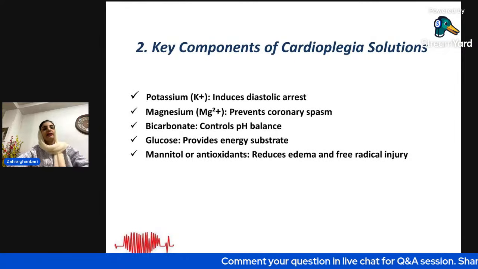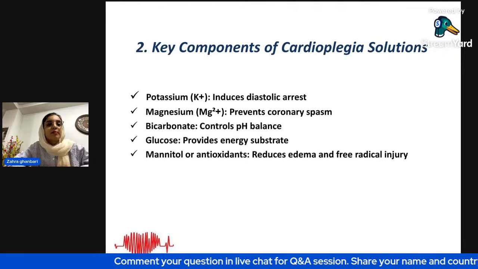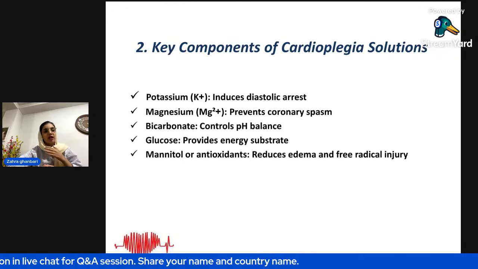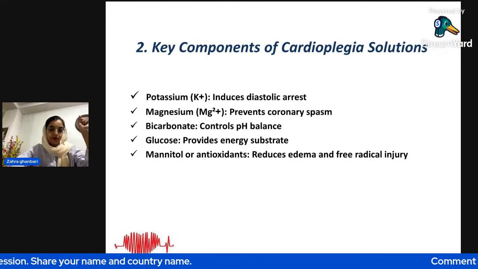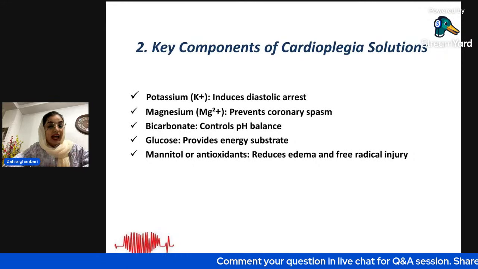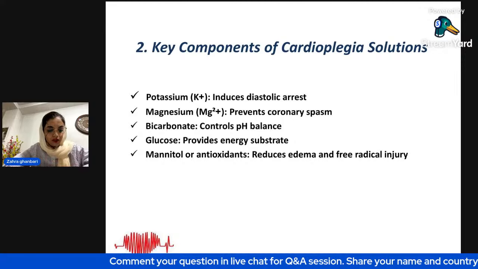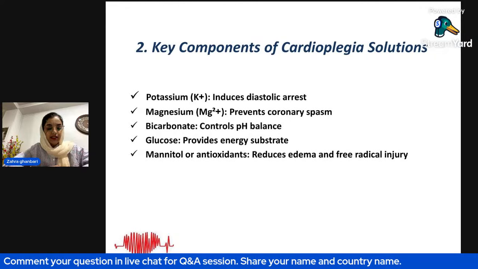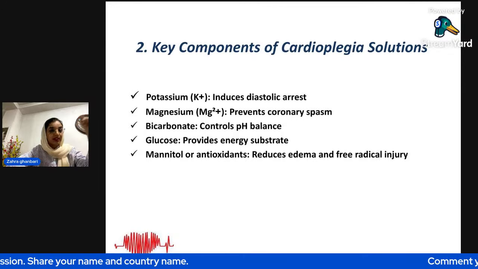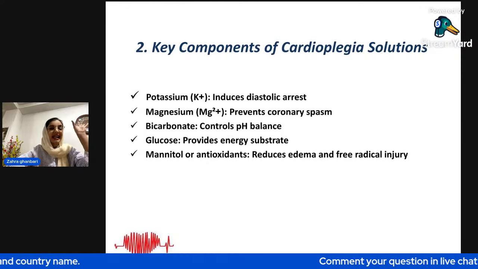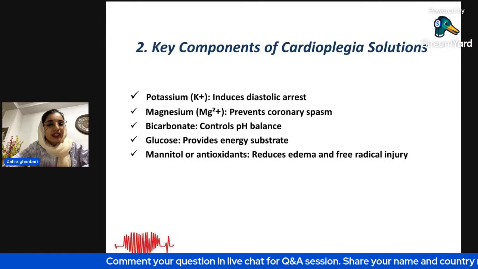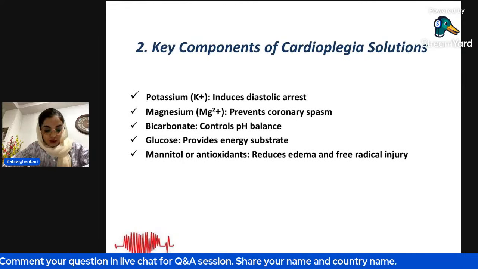This slide discusses the key components of cardioplegia solution. Some solutions, like crystalloids, for example St. Thomas, contain sodium, potassium, magnesium, calcium, and buffers. HTK contains histidine, which acts as a buffer, tryptophan, which reduces ischemic injury, and ketoglutarate, an energy substrate.